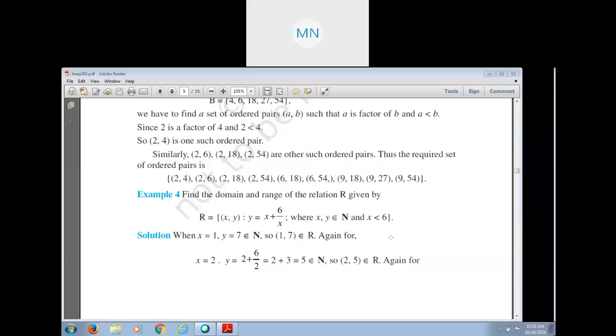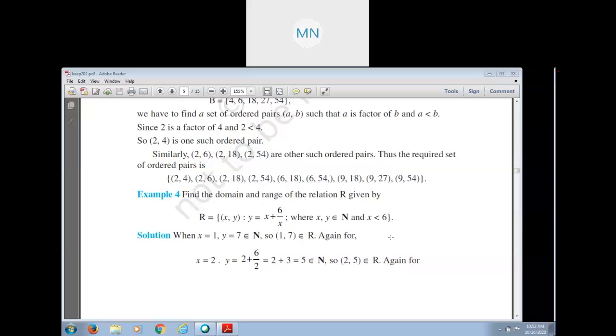How can you say 7? The condition is this one. 1 will become, okay, but x is less than 6. Then how can we say x equals 7? X is strictly less than 6. So the value of x will be 1, 2, 3, 4, 5. After 5 we cannot take the element.